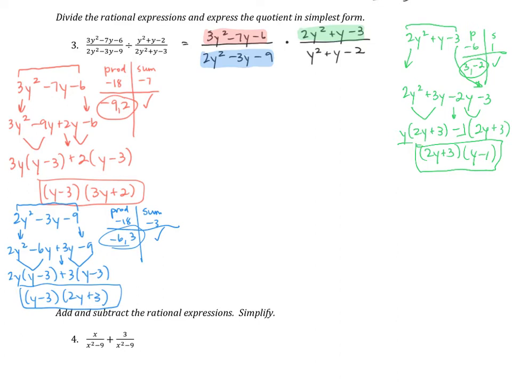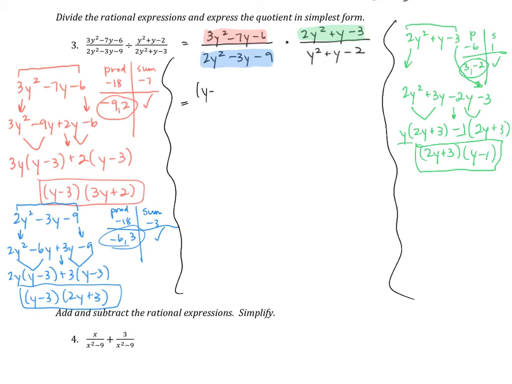Okay, and so then the last one, the denominator, is the quicker factoring method. All right, so let's see what we have. We have the red is y minus 3, 3y plus 2.